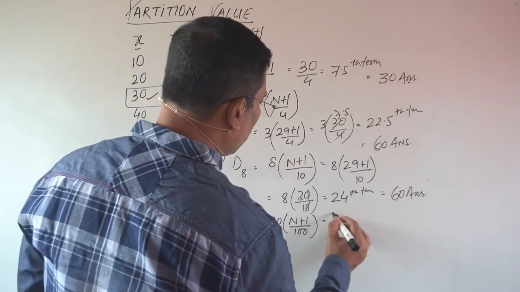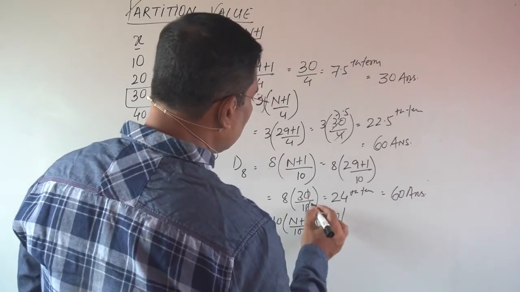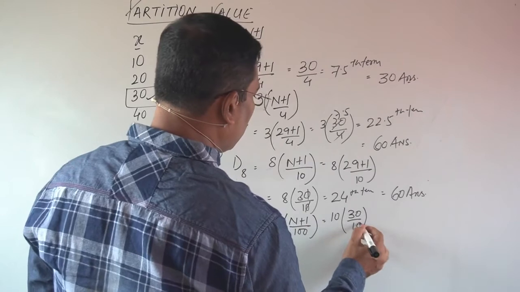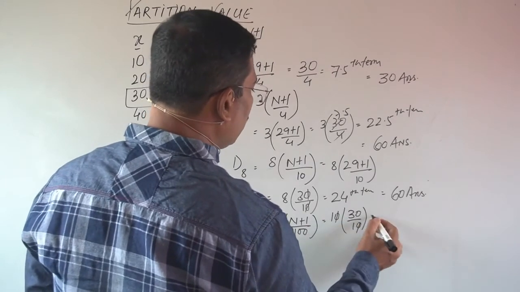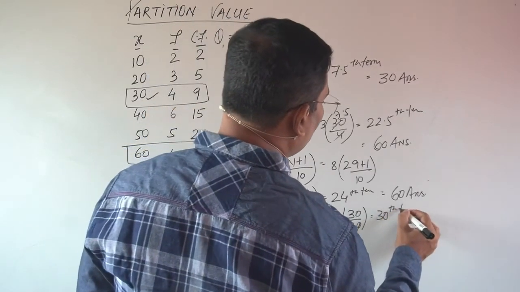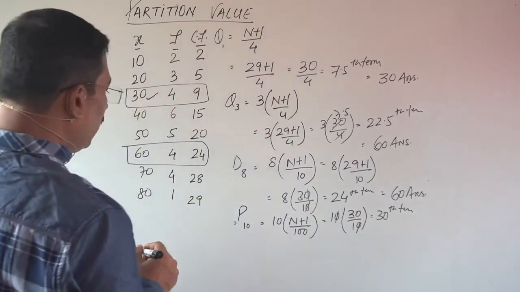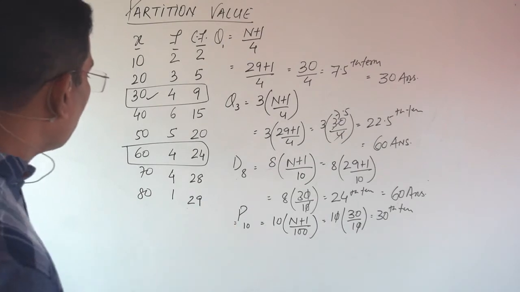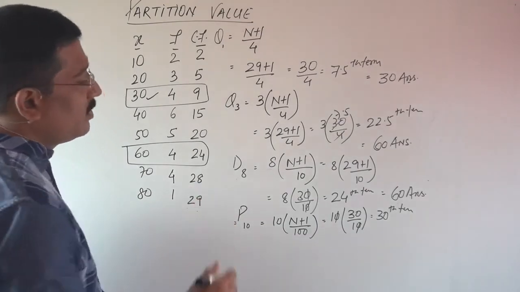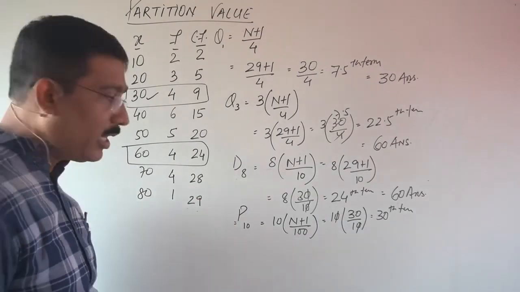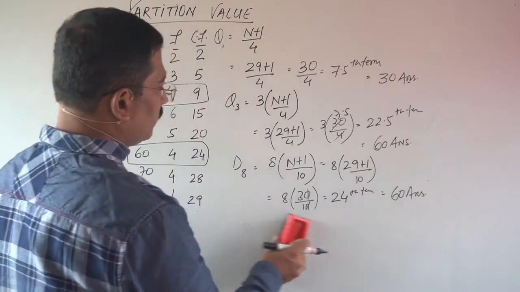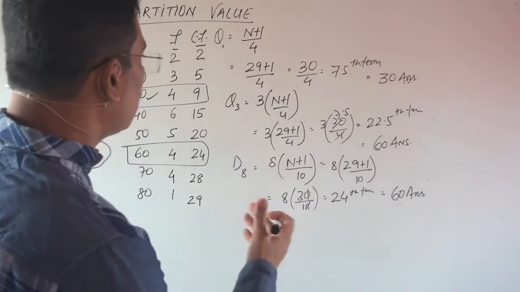Now here 10 into 30 upon 100 gives the 3rd term... this cannot be calculated in this question because the last limit is 29. So you can't calculate this one. Very clear?